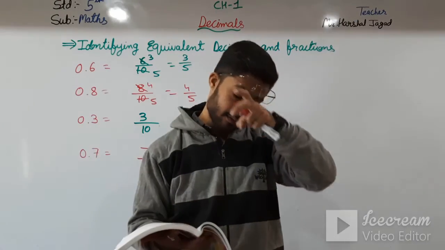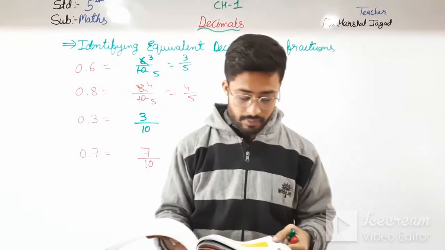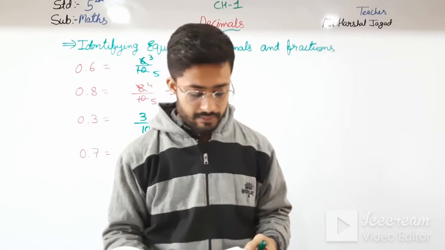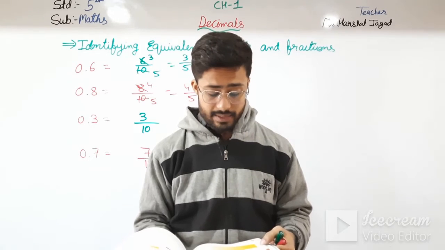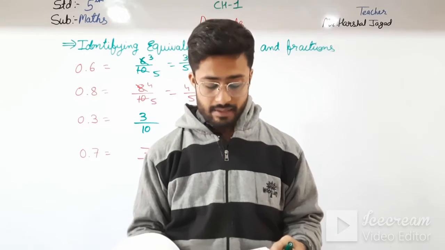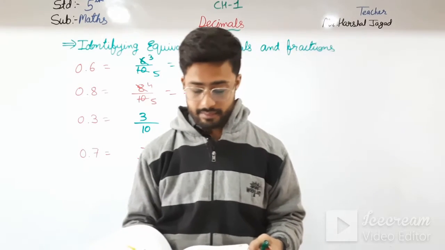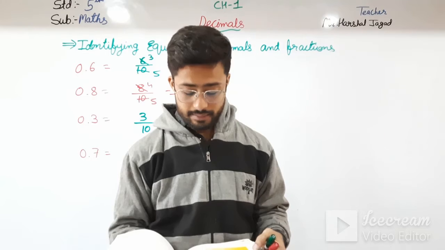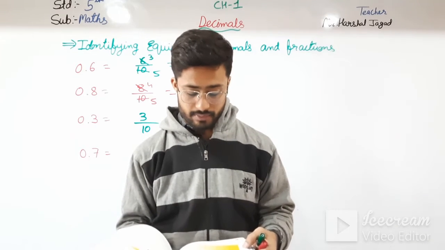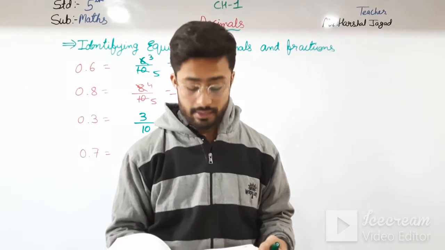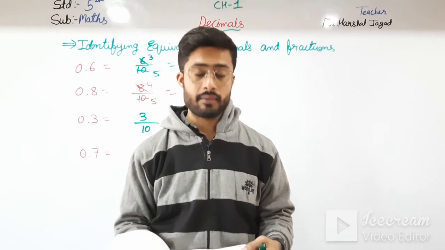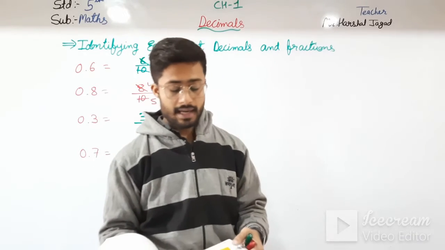Then 1000 meters is equal to 1 kilometer, kilo means 1000 times. 10 decimeters is equal to 1 meter, so deci means 1 by 10, that is 0.1. 100 centimeters is equal to 1 meter, that is centi is equal to 1 by 100 is equal to 0.01 meter, and 1000 millimeters is equal to 1 meter, so milli is equal to 1 by 1000 is equal to 0.001 meter. See here, this chart will help you, so you have to learn this chart by heart.